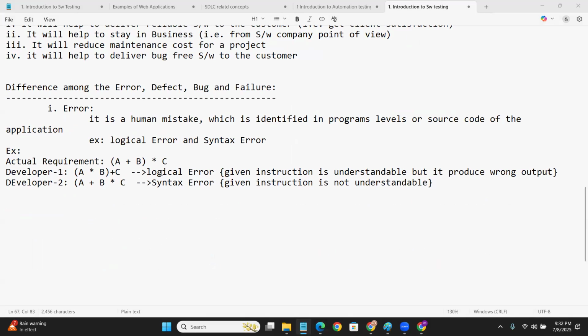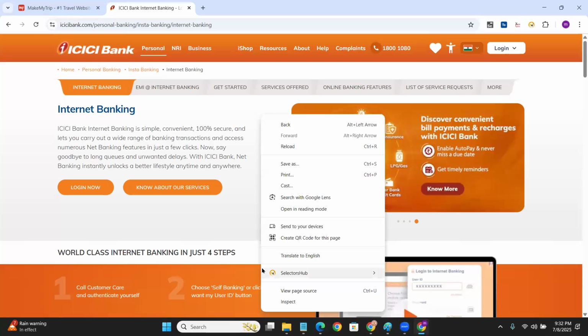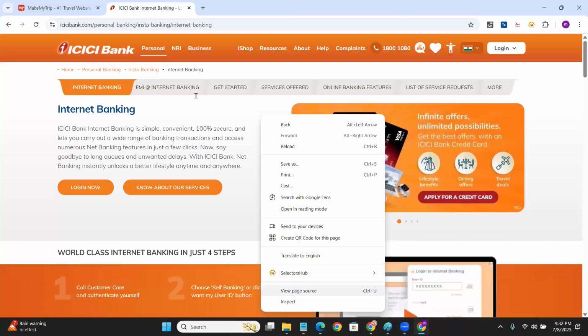Okay. So what is the difference among error, defect, bug, and failure? First, I'm talking about error. What does an error mean? It is a human mistake which is identified in the programs or source code of the application. Now, this is the page. Some programs are written, or not? See, the view page source is there. This is the code level.